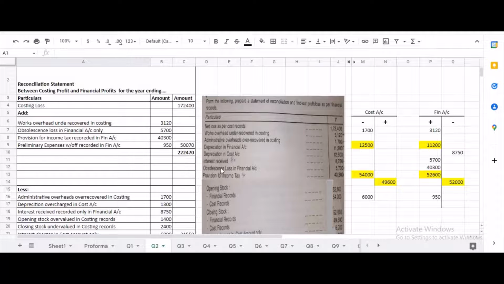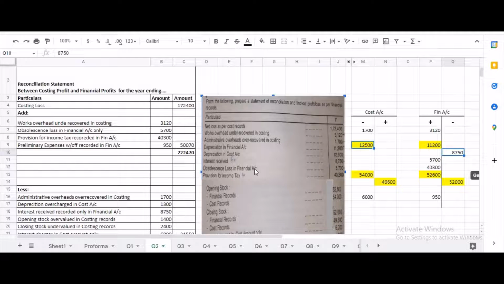Depreciation in the cost account only, so it should be minus in the cost account debit: 12,500. Interest received is 8,750. As it is income, it is on the credit side, so it should be minus from the financial account.